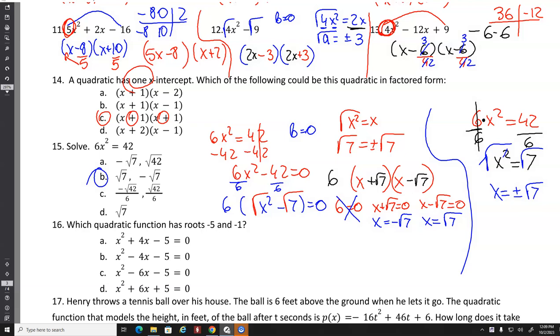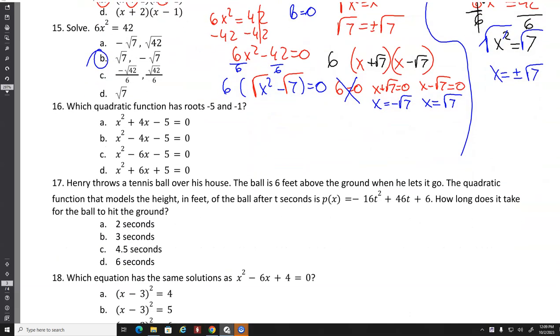Okay. All right. Now for question 16, which quadratic function has roots -5 and -1? So of course you can solve each of those questions, but what I did was I plugged them into Desmos. So you can solve every single one of them and do a times c, find two factors, 1 and 5.